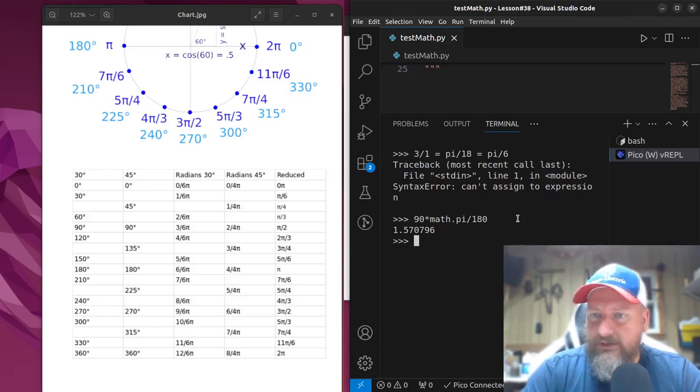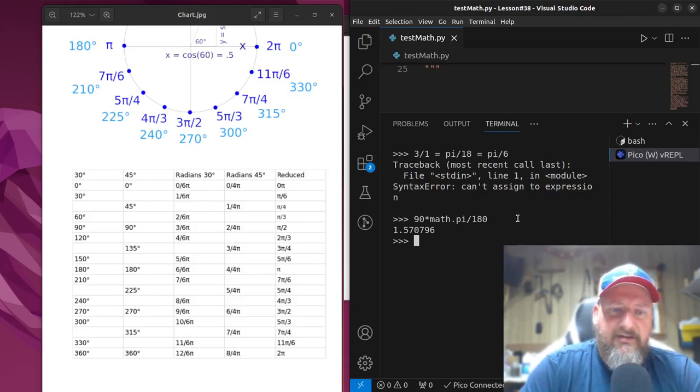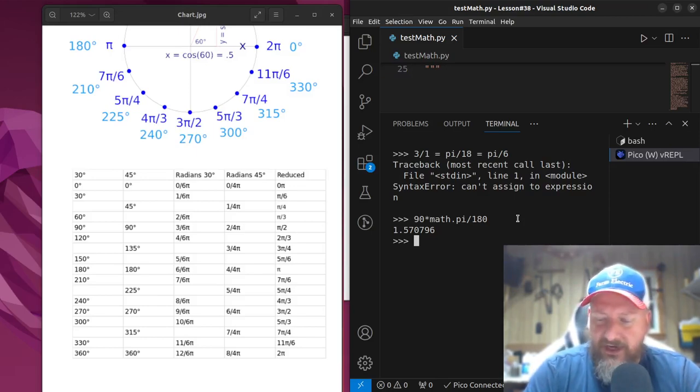What's that? Well, that's the radian. That's what it is in radians. So let's do math.pi divided by 2. Well, that's it, 1.570796. I was just kind of showing you how that is.